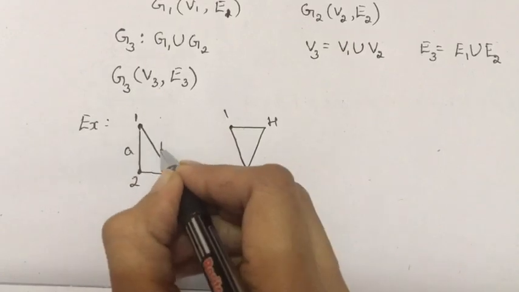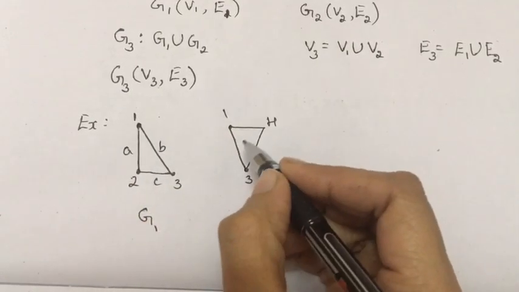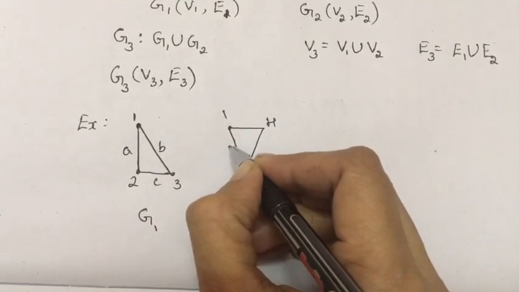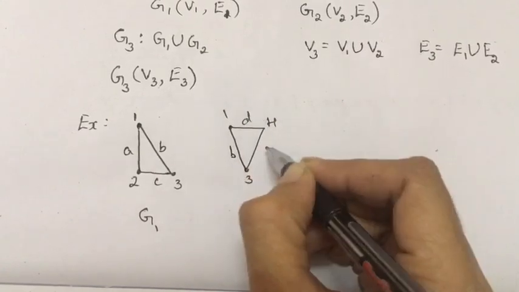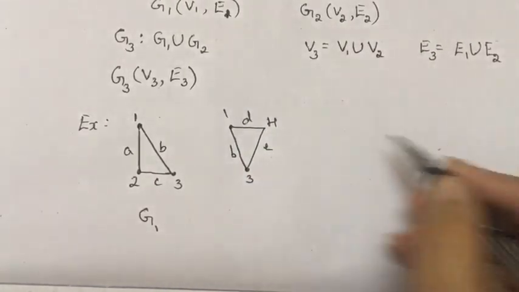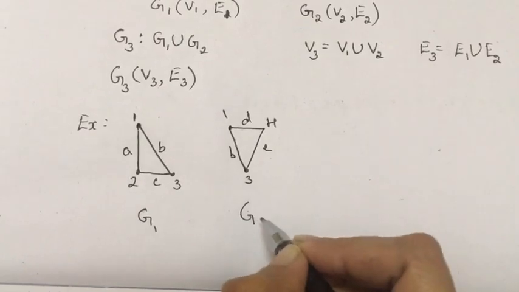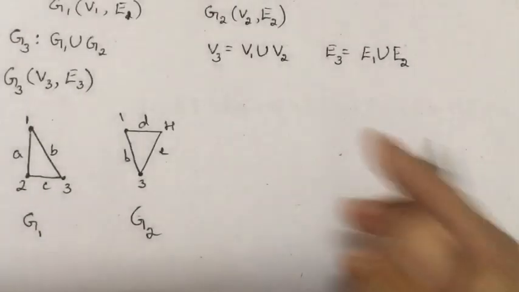I'll name the edges also A, B, C. Say this is B, D and E. This is my graph G2.